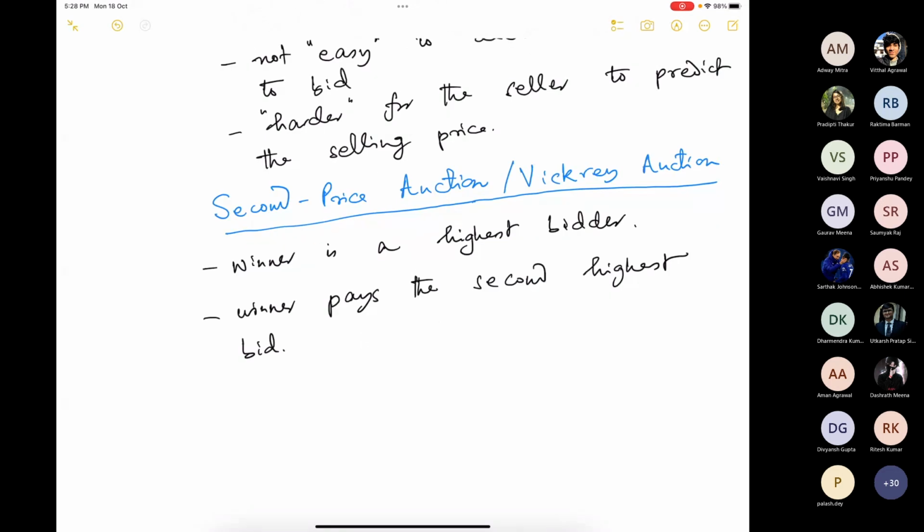Now, is it easy to analyze this second price auction? For example, suppose you are a buyer, is it easy to decide how much to bid? Anyone? If any one of you is part of my game theory course or has taken a game theory course, please don't answer.